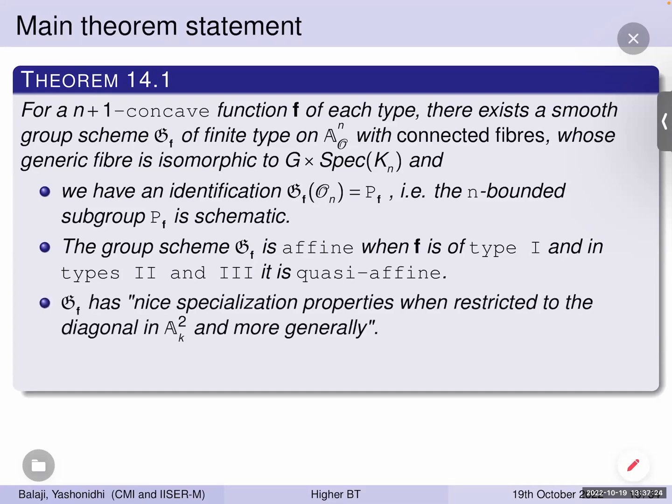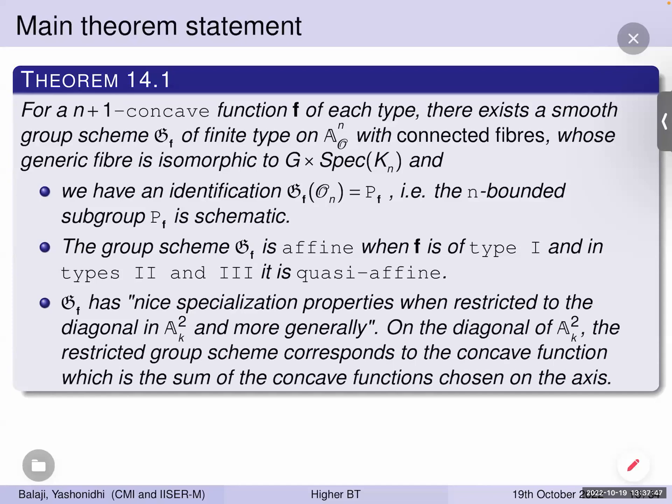G_F has nice specialization properties when restricted to the diagonal in A^2_K and more generally. Here I did not want to enter into complications of notations, so I have written it like this. But what is the main point?